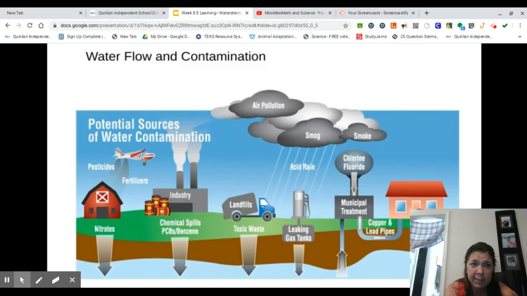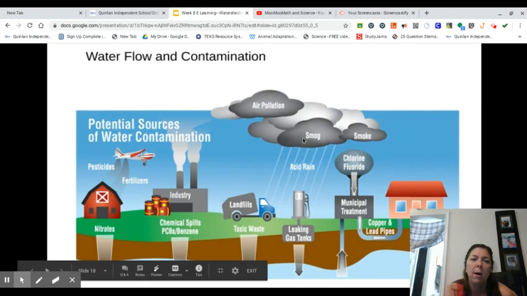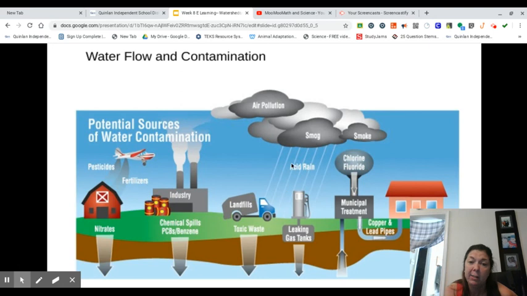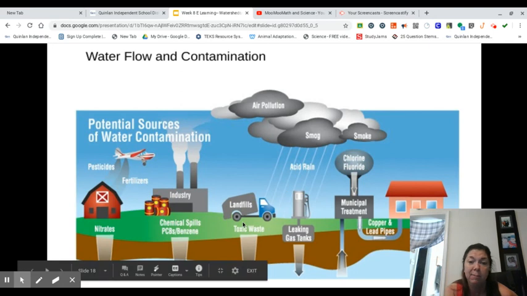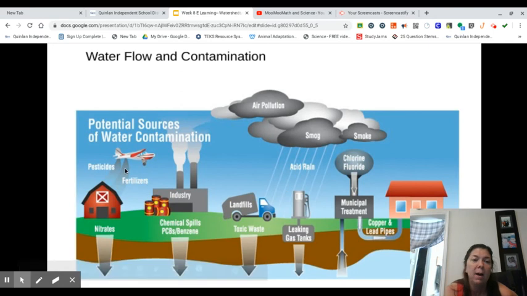Okay. This next slide is just showing you a very simple model, again, of how humans contribute to the water supply in negative ways. So the more air pollution that we create, through factories, cars, things like that, that contributes to acid rain. And so when it falls back to the surface, it's contaminated. We have overuse of pesticides or fertilizers.